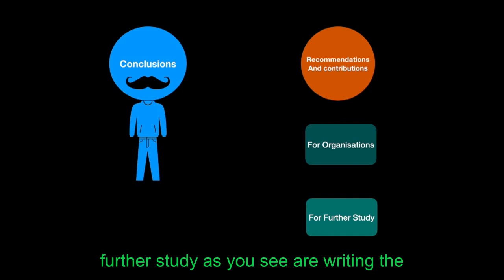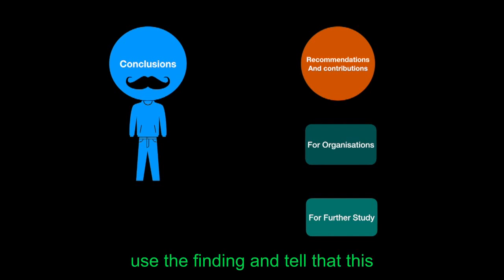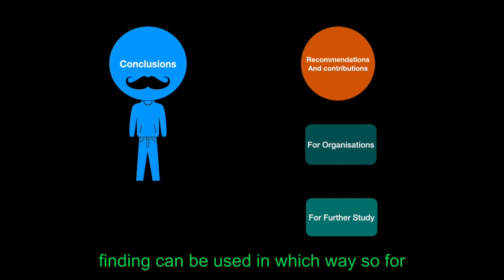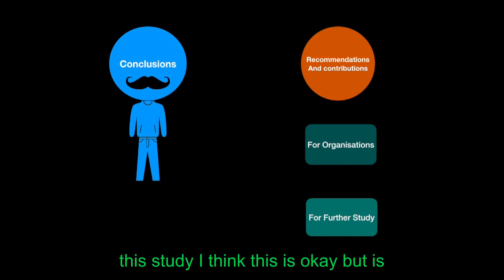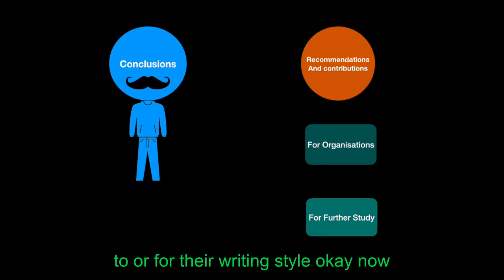As you see, writing the recommendation, sometimes you need to use the finding to show in which way this finding can be used. So for this study, I think it's okay, but it's not good. Or they can improve this part for their writing style. Okay.